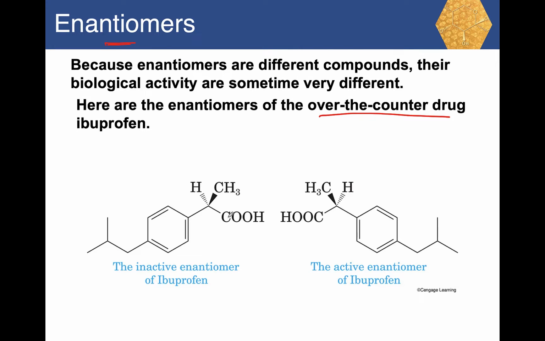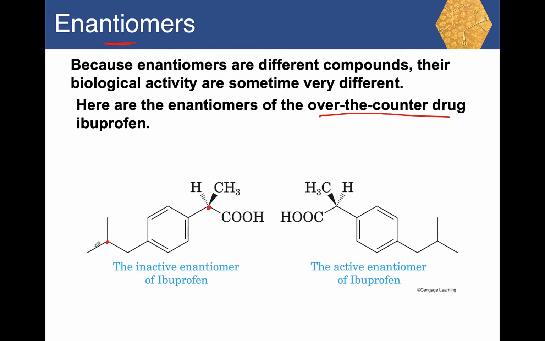But here it is. A close examination of this molecule shows that there's only one carbon here that has 4 different groups bonded to that carbon. Notice here, just to emphasize, this carbon here does not have 4 different groups bonded to it, because here is a methyl group and here's a methyl group.